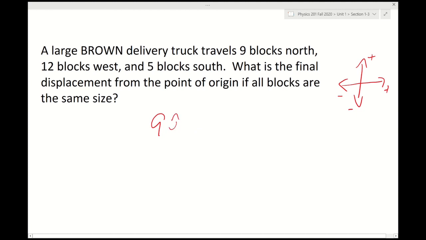West would be a negative 12I. South would be a negative 5J. And so if we're adding these, we can consider the resultant to be 9 and a negative 5 would be 4J. And typically we list them in order, IJK. So we can think of our resultant as a negative 12I plus 4J.